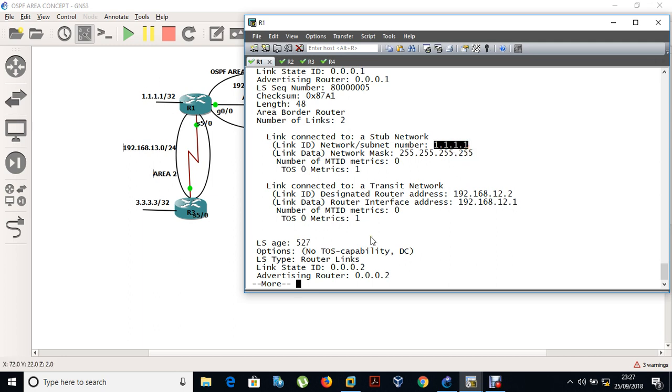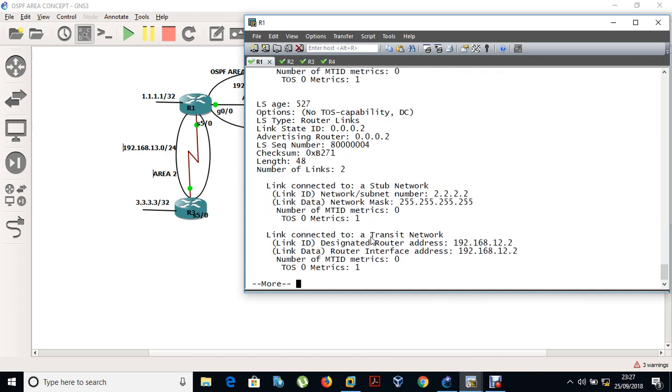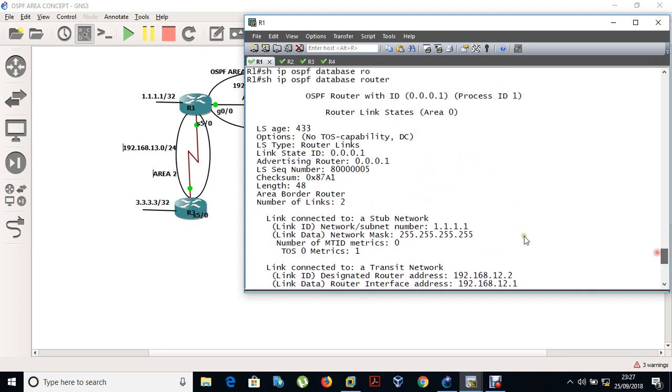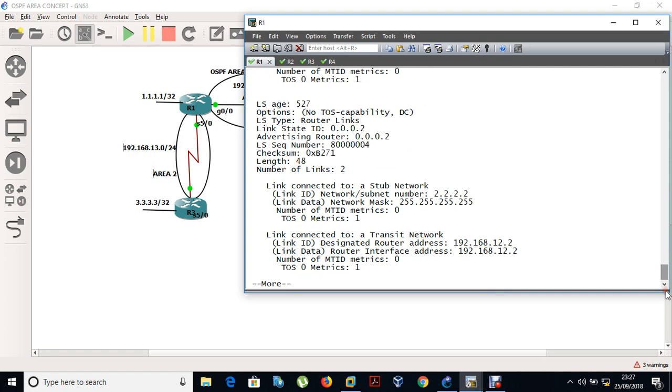If we go down to R2, it will tell us as well. The advertising router here was R1, with the R1 router ID, and here the R2 router ID says I am 0.0.0.2, and I am connected to 2.2.2.2.